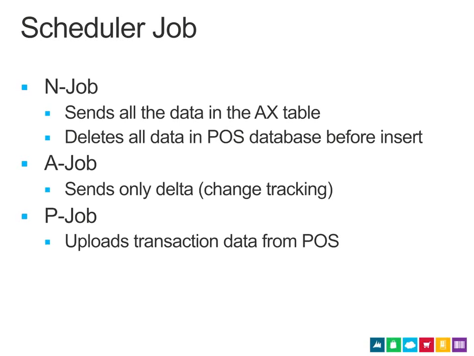The one thing I want to point out here is that since the scheduler configuration is global and can run for stores that are in different legal entities, it will actually respect the data area ID. So if it's, let's say, the invent table, which still has the data area ID, it will only grab the records for the data area ID that the store belongs to, not everything in the actual table.